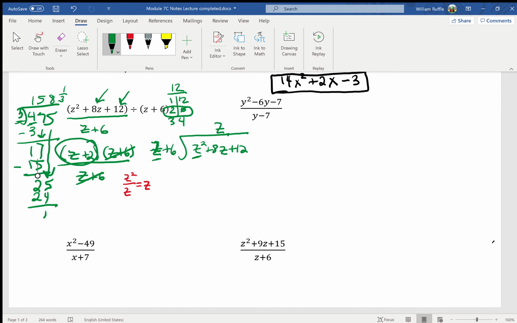Now remember when I was over here, when I got my 3 here, I did 1 times 3 and got the 3 here. If I look at the 15 here, I did 5 times 3 and got 15. So what I need to do is take the z and multiply it by both of those numbers and then write it underneath.